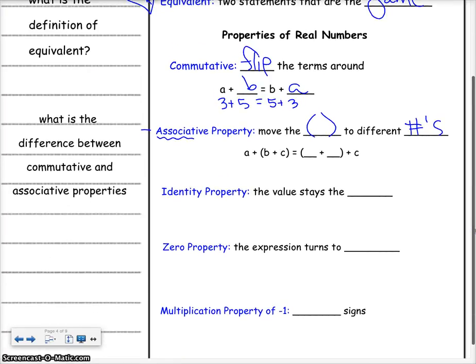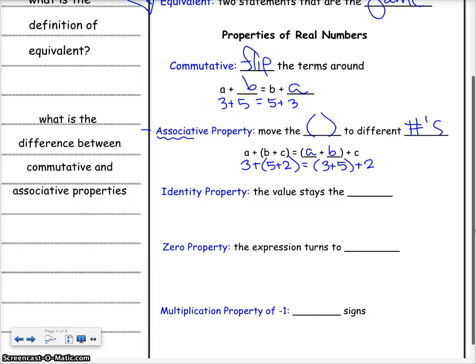So here, A plus B, plus C is equivalent to A, plus B plus C. They are the same thing. B and C are hanging out, now A and B are hanging out. Numerical example is the following.